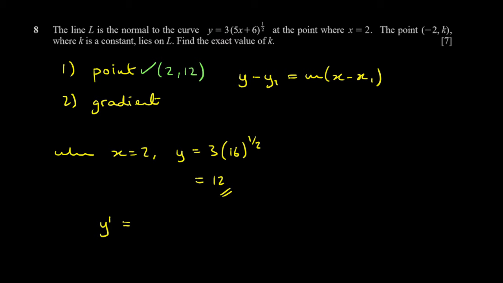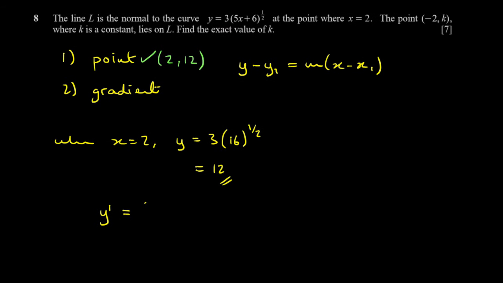So that will give me 3 upon 2, big bracket, and then I subtract 1 from the power, so that will become negative a half. So 3 upon 2, (5x plus 6) to the power of negative a half. And then I need to differentiate the little function on the inside, the 5x plus 6. If I differentiate that, I get 5. So I multiply through by 5.